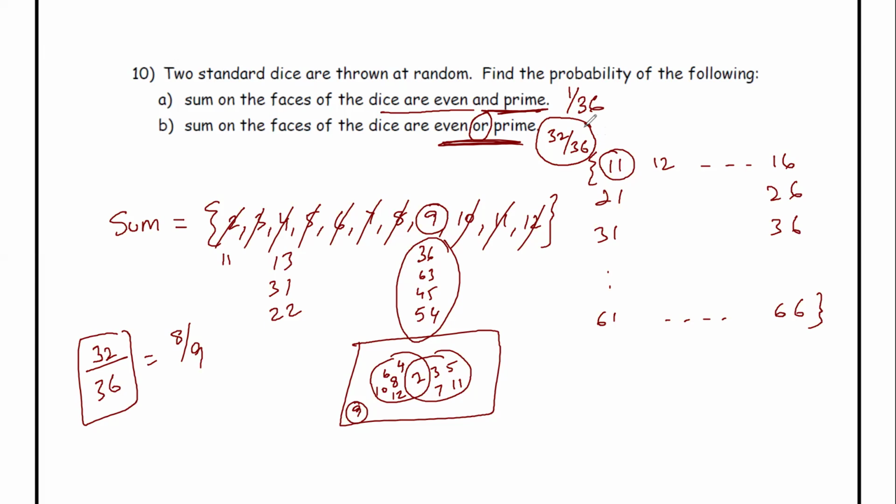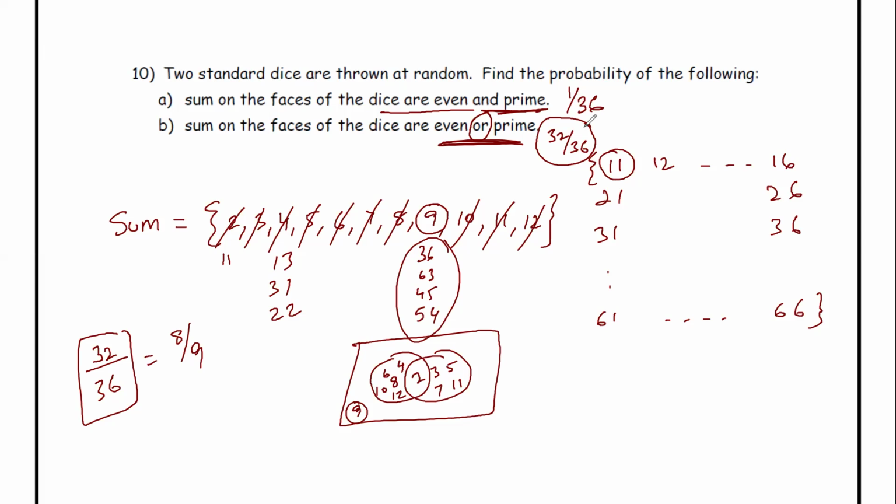So not even or prime does not mean even and prime. I just want to draw your attention to the fact that not even or prime does not mean even and prime. Understood? So do not make such mistakes. Not even and prime does not mean even or prime. I'm not writing it down, just go with the words. Write it down if you want to.